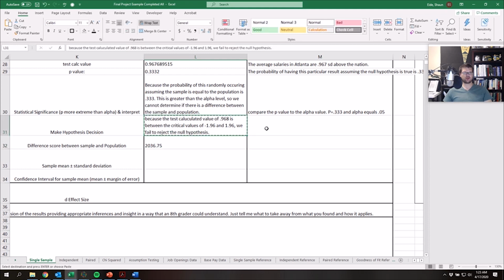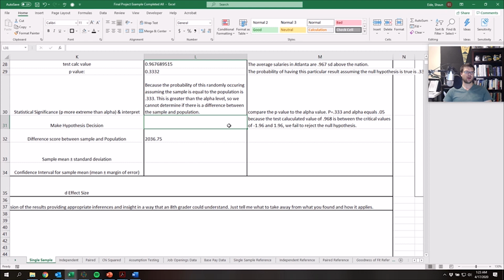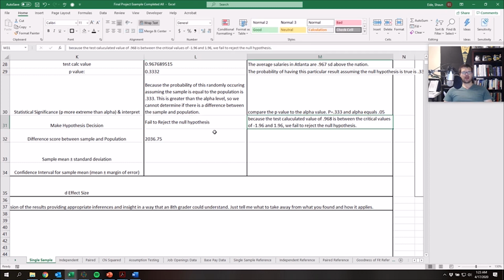Okay, and then you can say right here, make a hypothesis decision. This really should be Control X, Control V, fail to reject the null hypothesis. And then this is the explanation.